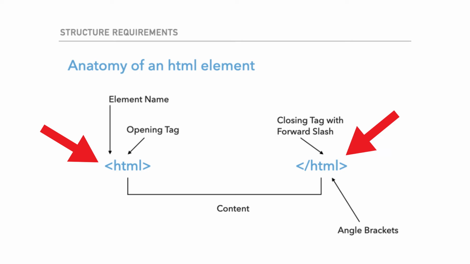And I should highlight, just because it can be a bit confusing, that when I'm talking about an HTML element, that doesn't necessarily mean the current example, which uses the tag name HTML. There are other HTML elements, such as the body element, or the paragraph element, or the heading element. It's just that the example we're using right now is the HTML element itself.